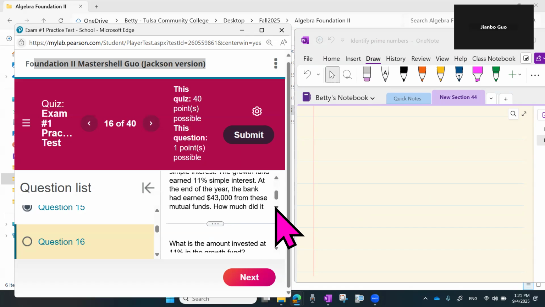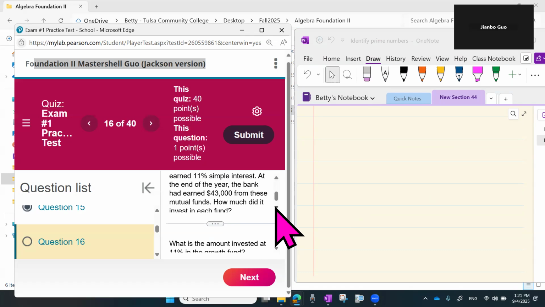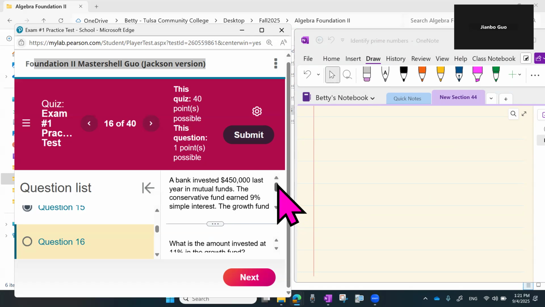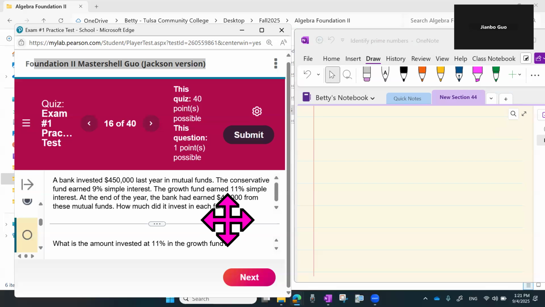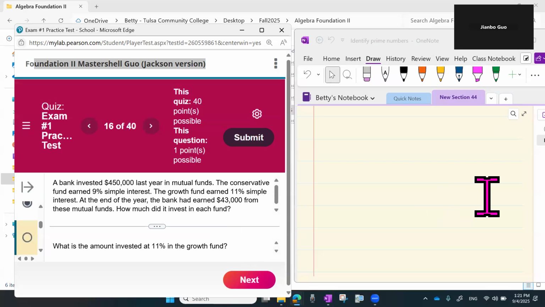At the end of the year, the bank has earned $43,000 from those mutual funds. How much did it invest in each fund? When we have a word problem, we really need to take time to read the problem thoroughly.